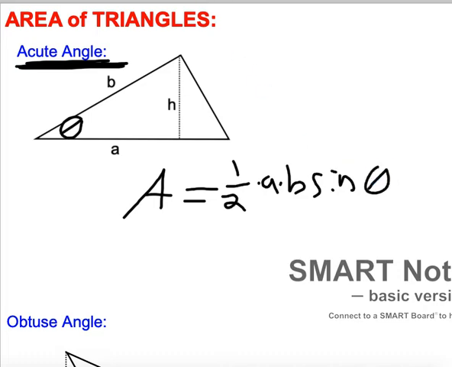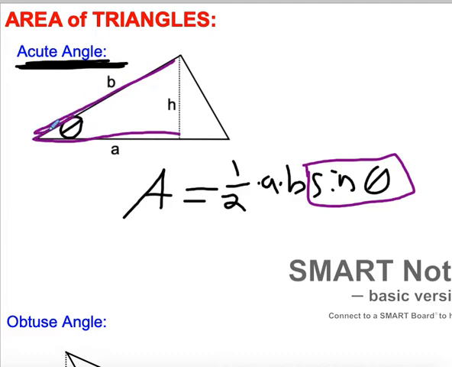Your a and your b are just two side lengths, and theta is the angle in between them. So this right here is just a number. You can type that in your calculator because we'll be doing decimal approximations for area. Really, it's just 1/2 times the two side lengths, and then sine of the included angle.